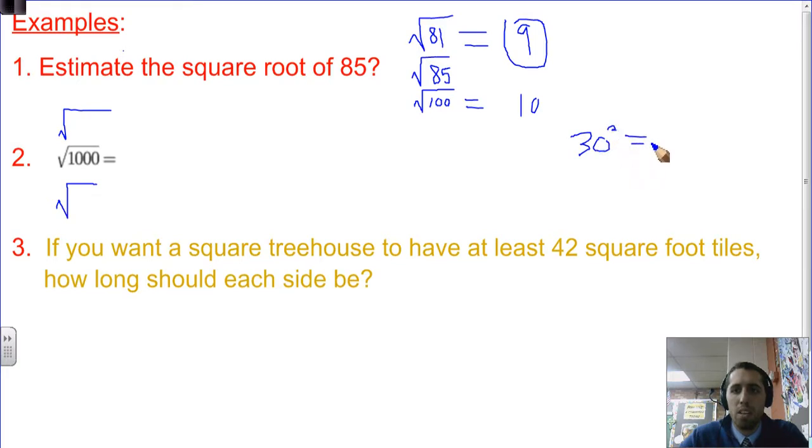would equal 900. Let's try maybe 32 squared. 32 times 32. I'm going to do this mentally, and I'll talk it out for you. So I think if I have 30 groups of 30, I have 900. If I have 2 more groups of 30, then I would have 960.